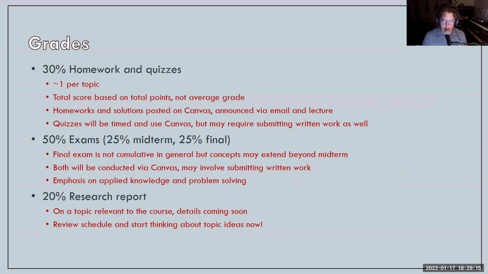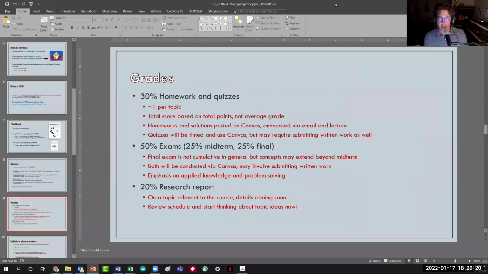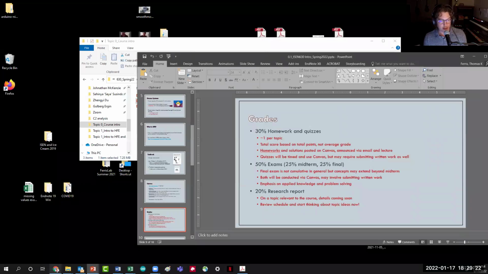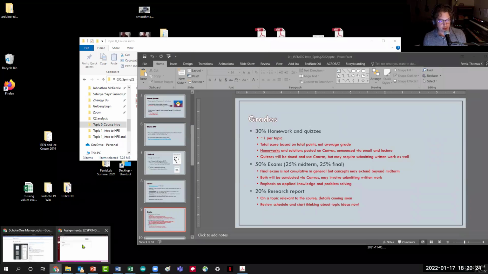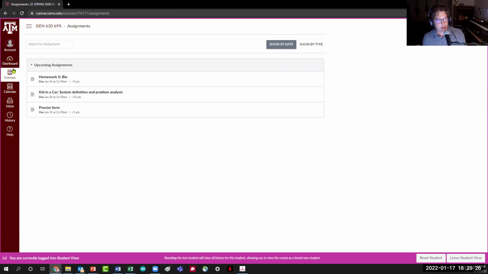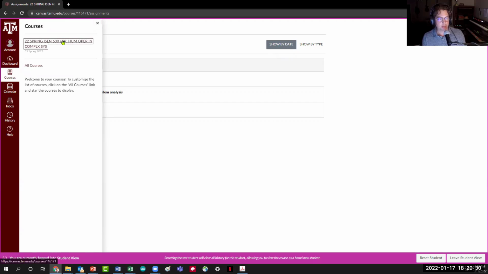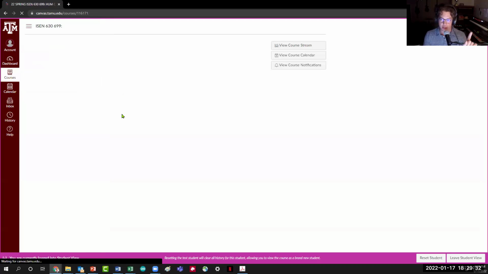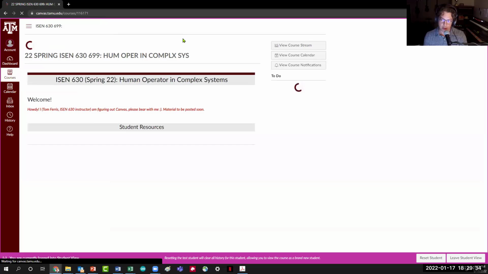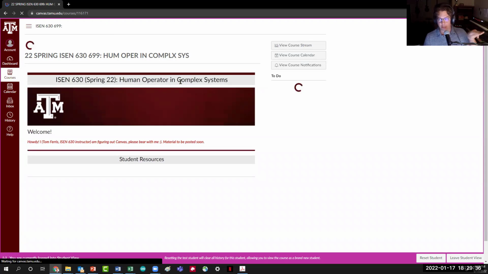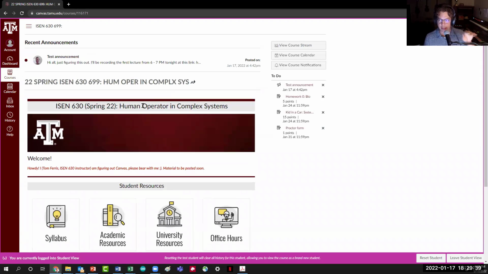Great. Let me just point out again the syllabus. I emailed it, but you can also get the latest syllabus from the Canvas site. The way this works, I do like this part, I can just update a file in my own repository, and it automatically is linked to this site.